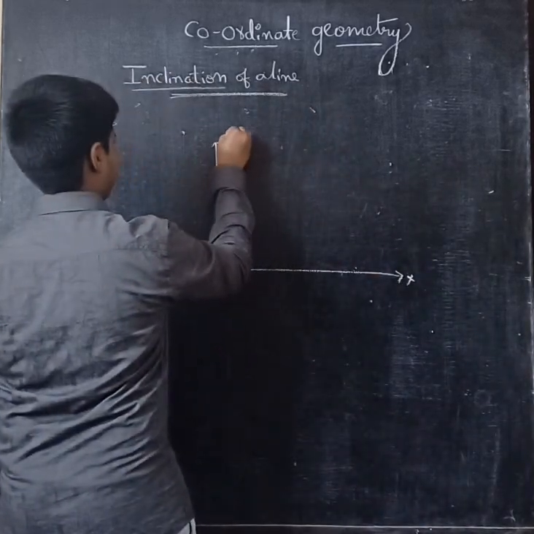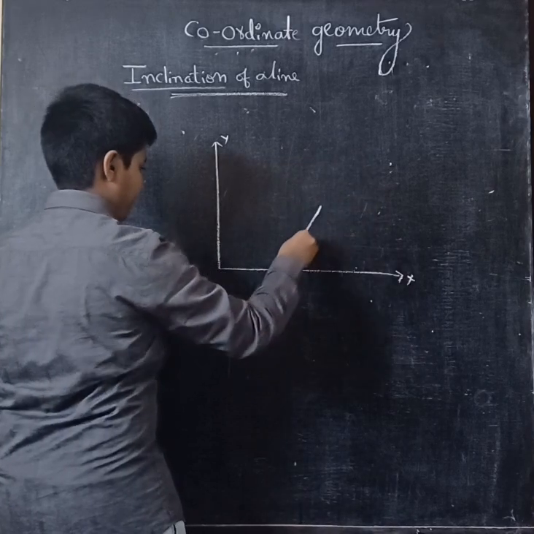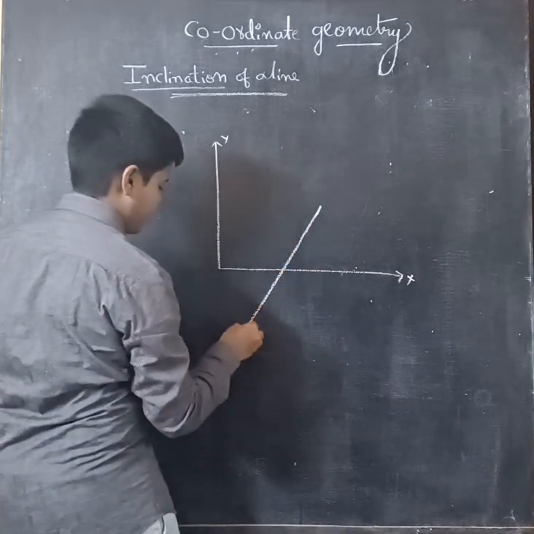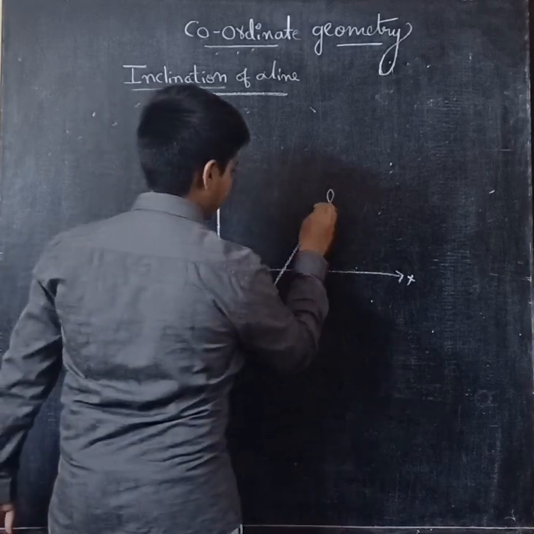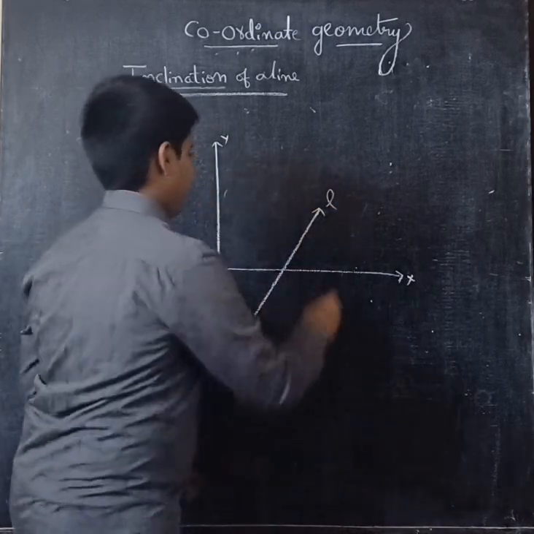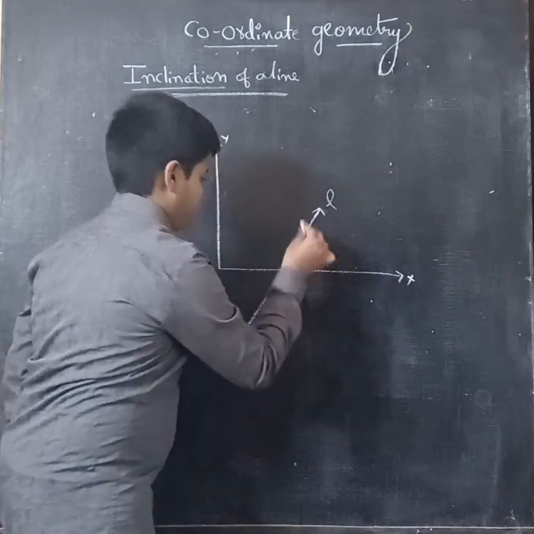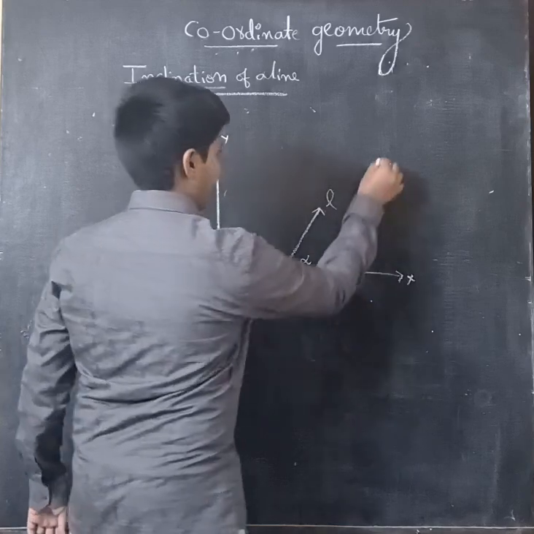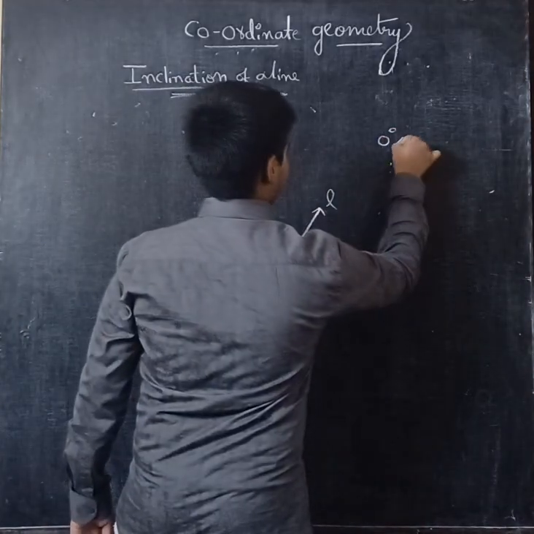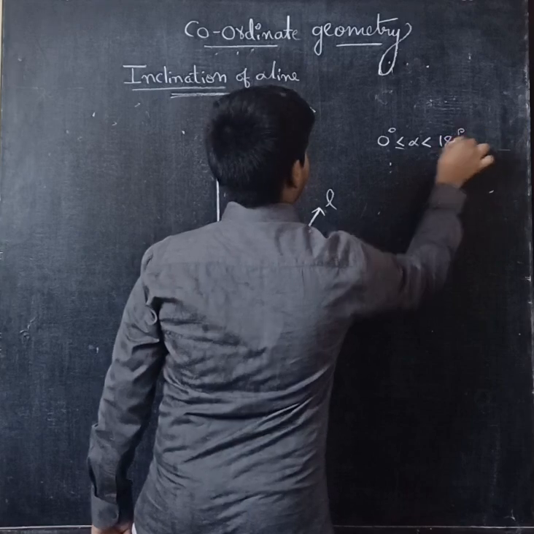x-axis, y-axis, and a line inclined like this. This is a line L. If a line inclines like this, it makes an angle alpha, and this angle ranges from 0 degrees to 180 degrees.